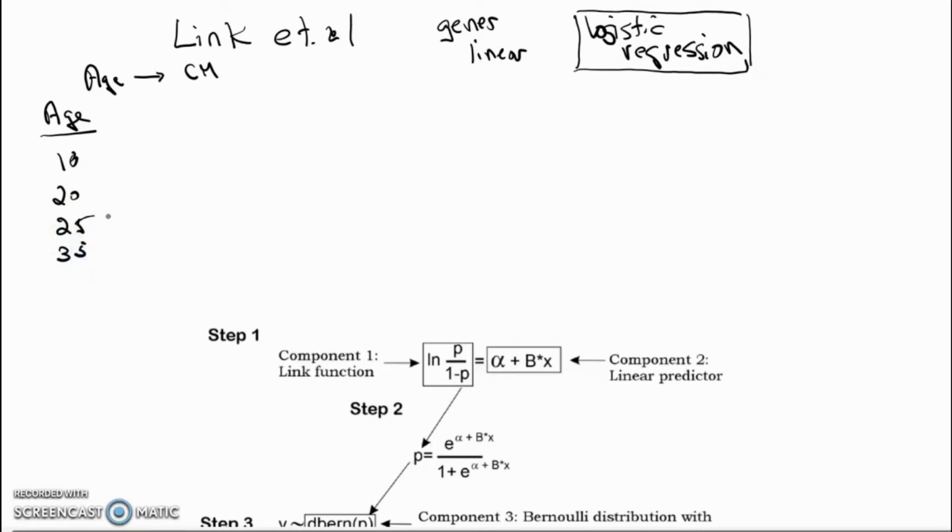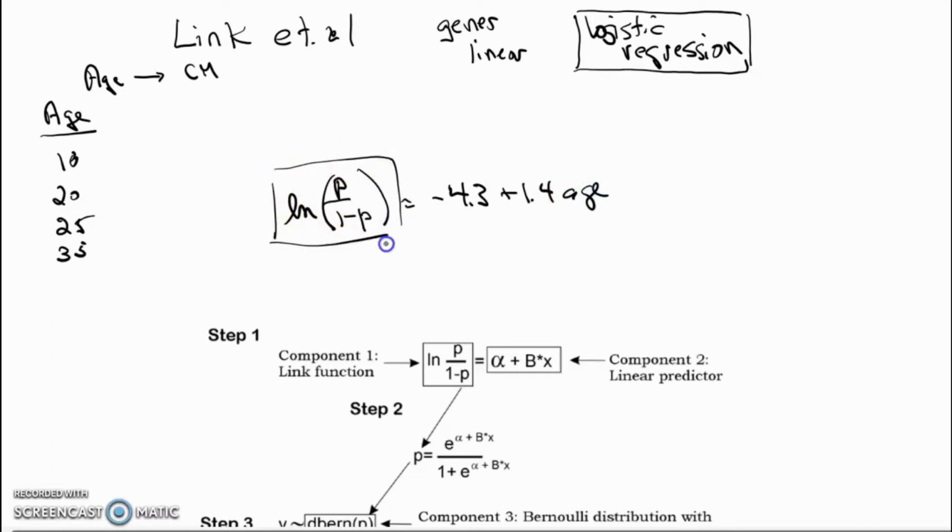And our model, we're going to have a linear model that says that the ln of p over 1 minus p is going to be equal to minus 4.3 plus 1.4 times the age. And we can think of this thing here as being the logit, and this p is the probability that that person would like classical music.